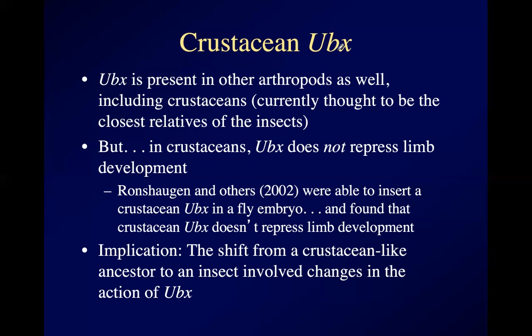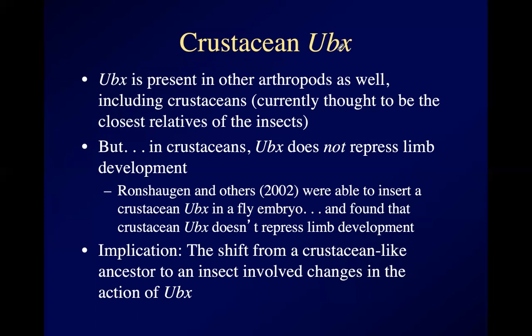But we know that in living crustaceans, UBX does not block limb development because crustaceans have legs on their abdomens. Insects don't. In fact, if you put a crustacean UBX gene into a fly embryo, it turns out the crustacean UBX doesn't block limb development, but insect UBX does block limb development.